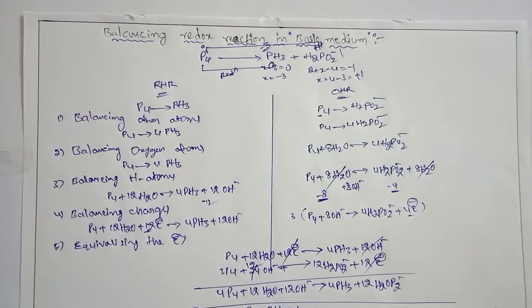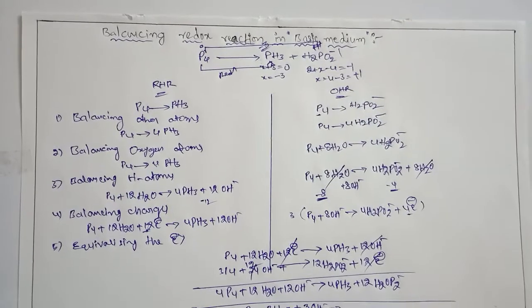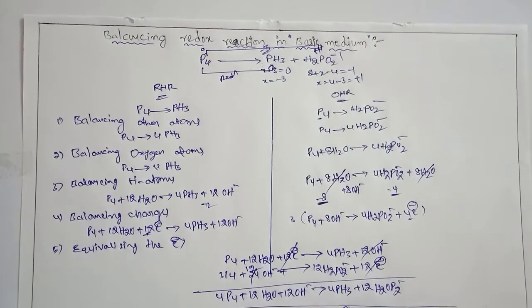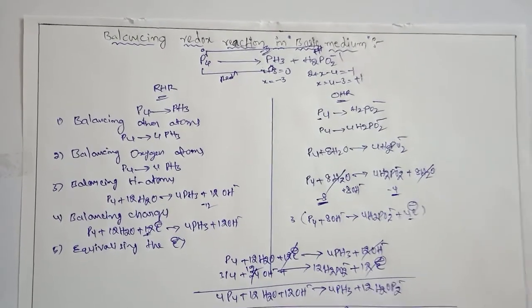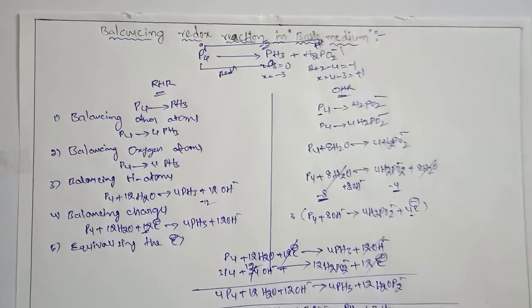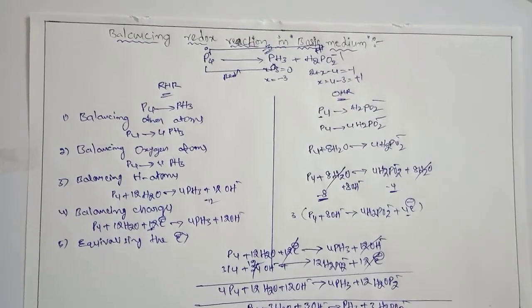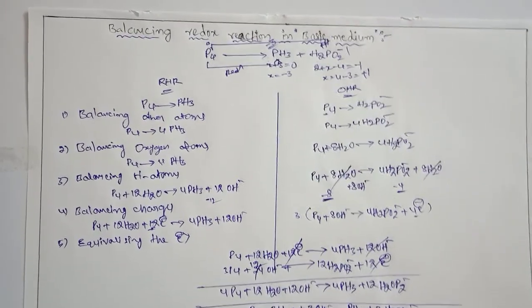This is also 4 × 3 = 12, so 3 OH⁻ ions. This 4 and 4 will be cancelled. PH3, 4 × 3 = 12, so 3 H2PO2⁻. This is the balanced simple equation.